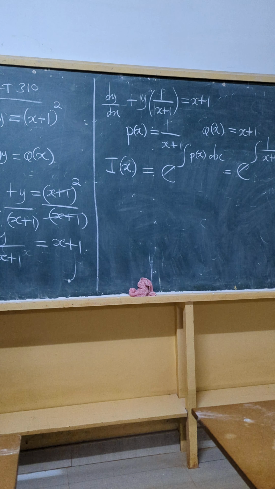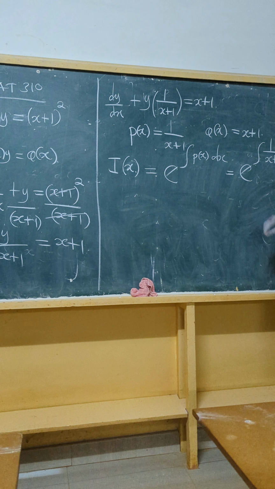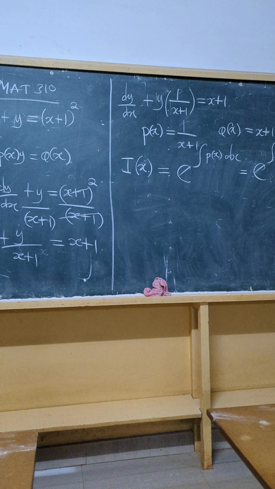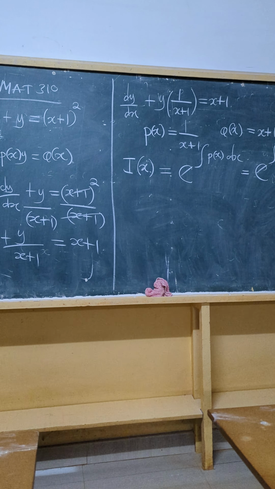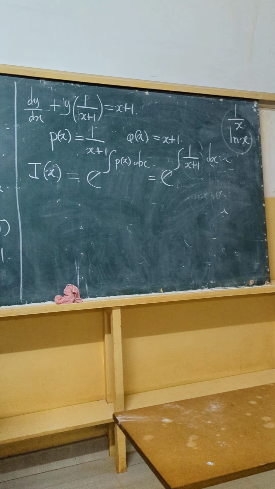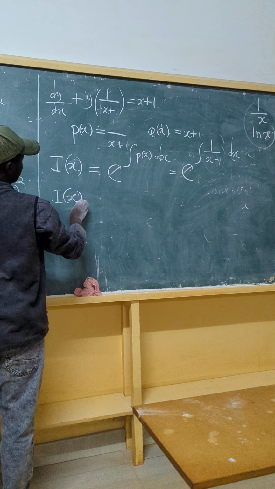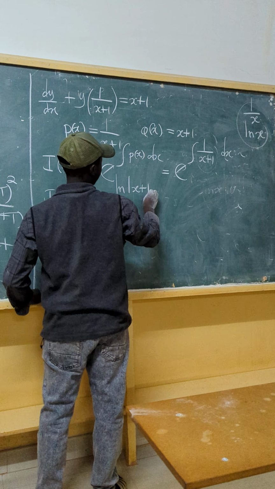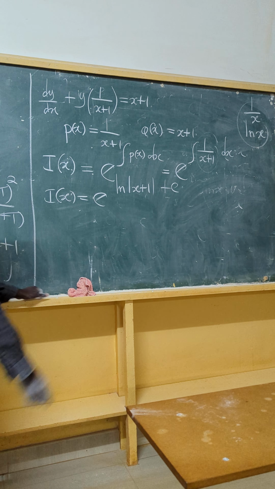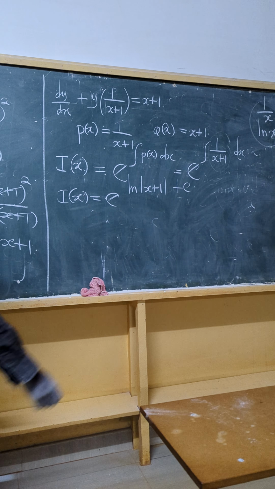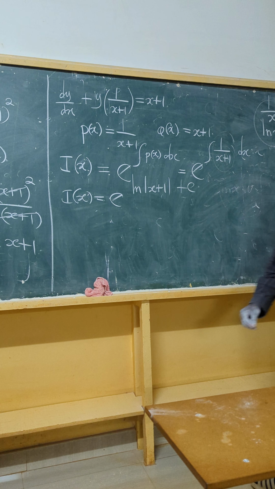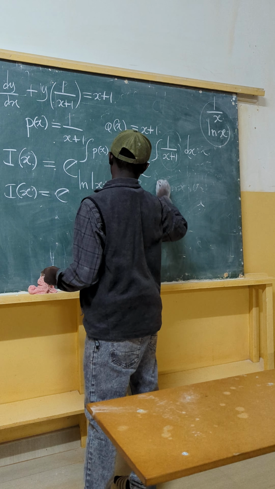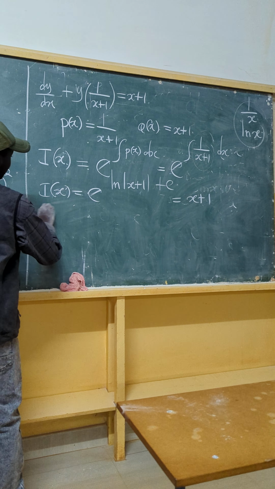As you can see, we have 1 over x plus 1. This is the same as the situation of 1 over x, which can also be integrated as ln x. So the integral of this is ln of x plus 1, plus c. Now, to get rid of this exponential, we introduce the log, which will cancel the exponential, and automatically we remain with x plus 1 as our integrating factor.